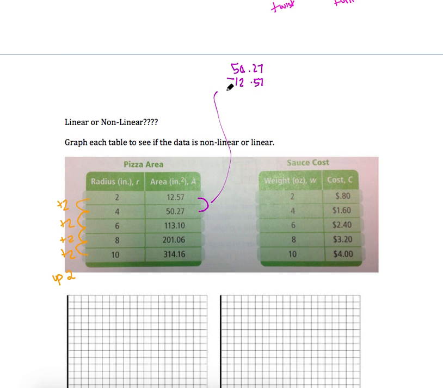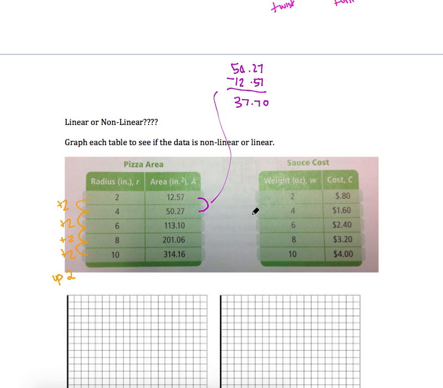And you can do that by hand if you want to. To make this video shorter, I'm going to do it on my calculator. So 50.27 minus 12.57. That gets me 37.70.